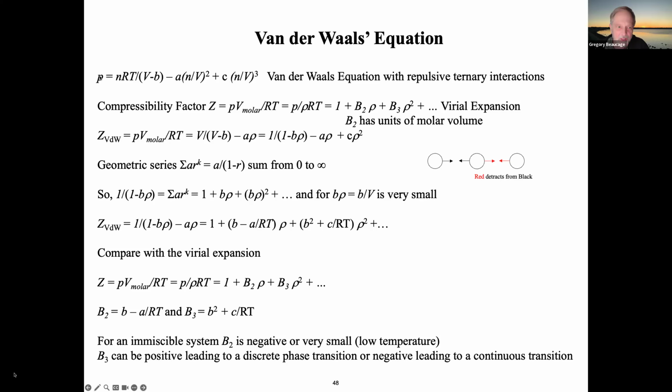So, I showed you this before, that you can do the same thing with the van der Waals model. So you have the van der Waals equation, and you have binary interactions, and you can have ternary interactions with some other constant. So A would be the attractive potential between particles, and C is kind of a repulsive potential that's associated with the third particle coming. So this shows you have an attraction between two particles.